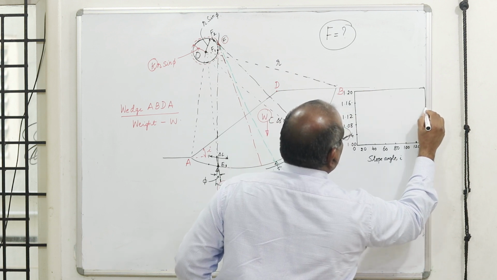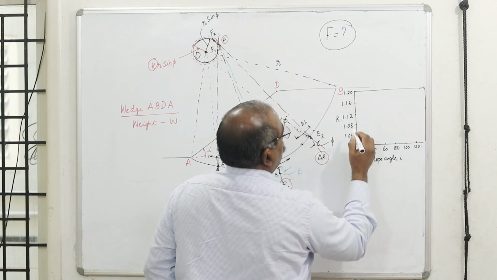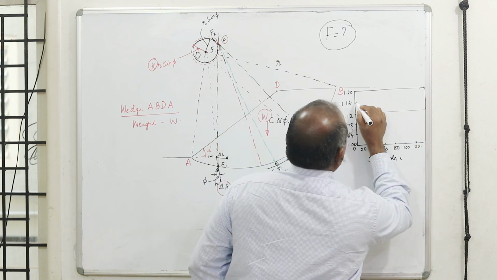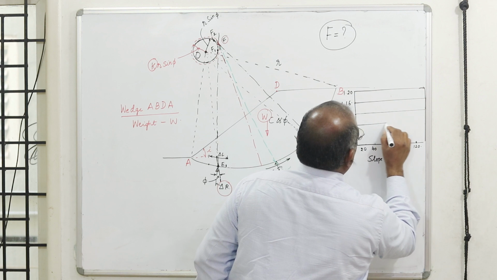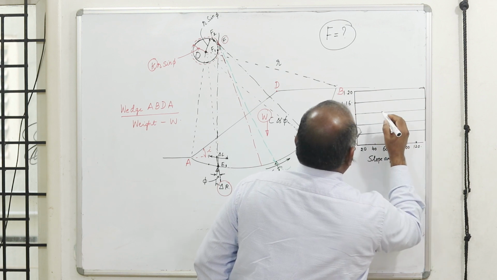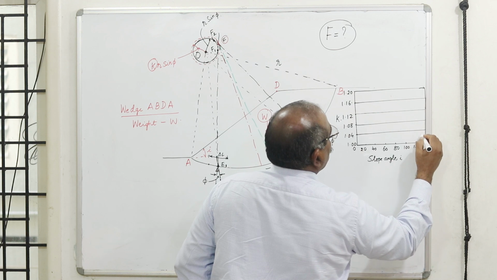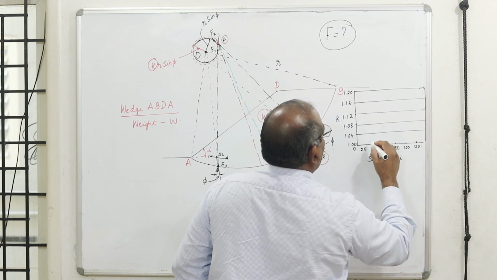Something like this. Your k value goes up, so that you can get an idea how this works. It goes up to around 1.30.